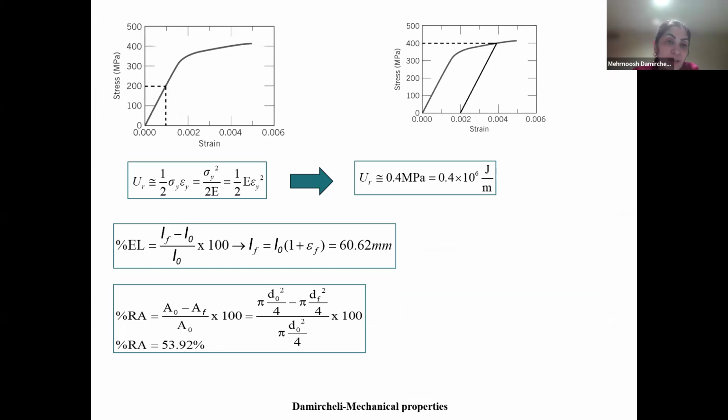If you look here, the modulus of elasticity, or Young's modulus, is the slope of this line, the slope of the elastic region.